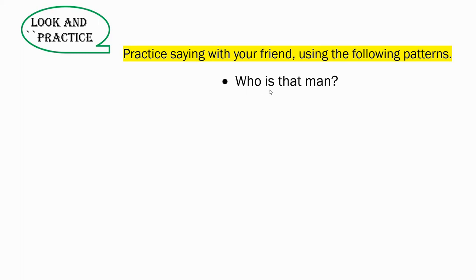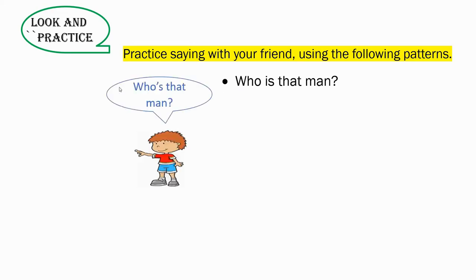So this who and is, we can contract to make it one word: who's. What happens to the letter that we omit or delete? This becomes who's that man. So who is becomes who's, and we omit the letter I and join S to the question word who.